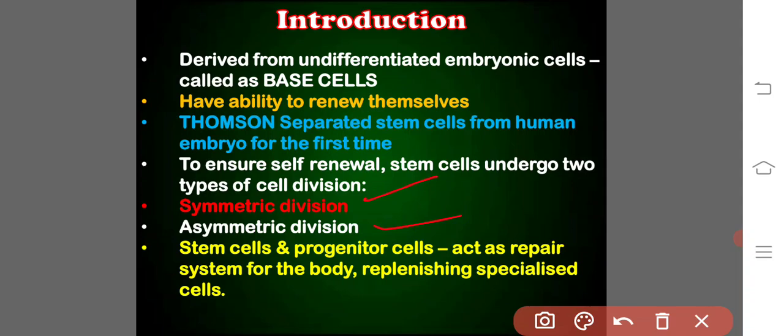Progenitors generally undergo cell division before differentiating into mature cells. And for the first time, Thomson separated stem cells from the human embryo. Stem cells and progenitor cells act as the repair system for the body, replenishing the specialized cells.